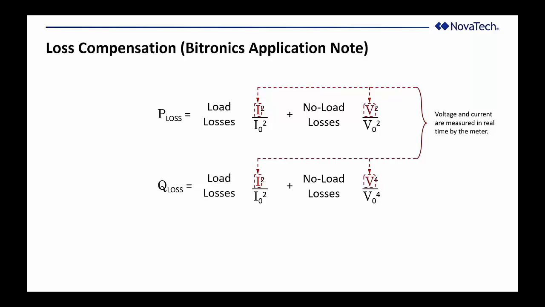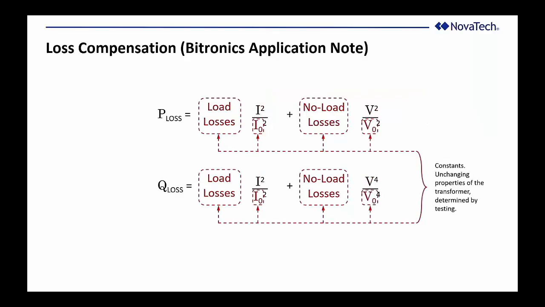You notice that the figure in the numerator is the voltage and current measured in real time by the meter. So this is a value that the meter contributes that you don't get from the nameplate. It goes up, it goes down, and the only way to know what that figure is is by the meter measuring it. But the figures for the load losses and the no load losses, the copper and iron losses in both the watts and the bars, are all constants.